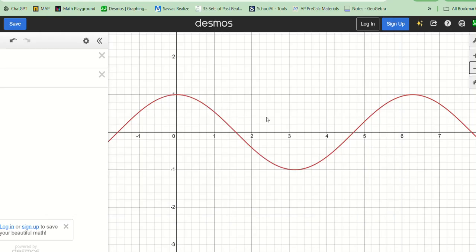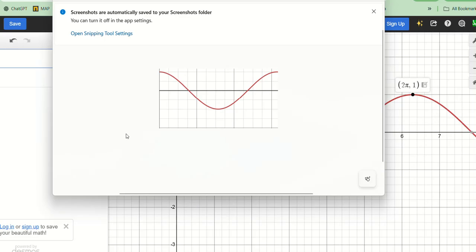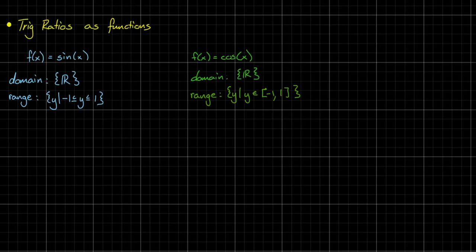What's the distance that I've gone? If I look, we went from here up to here, right? And if I just look at it, that's a little bit less than 6.3. 6.28 is my guess. Is that a special number? It's 2 pi. We just saw that this function runs 2 pi before it repeats or cycles again, right? What we have just given ourselves with this is what's known as the period of sine or the period of cosine.